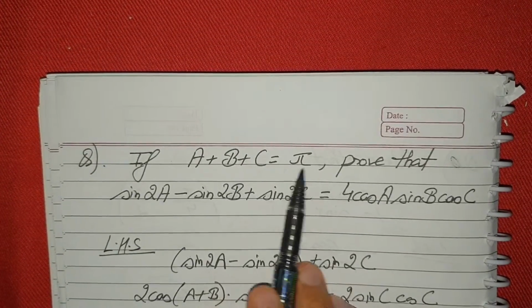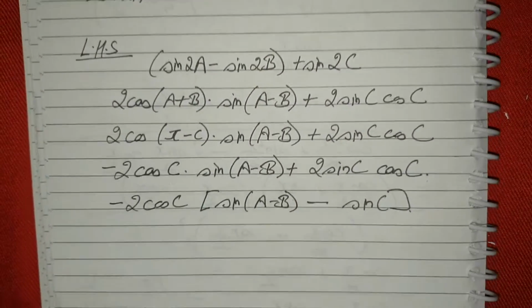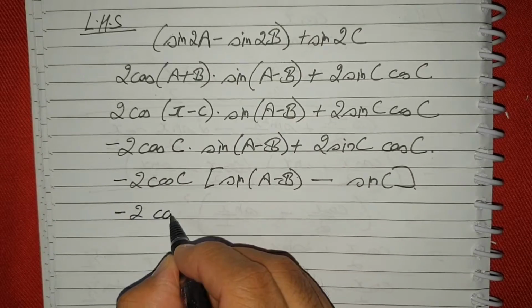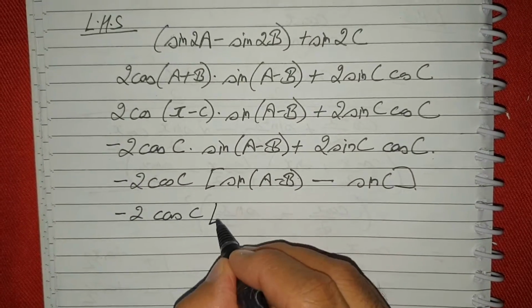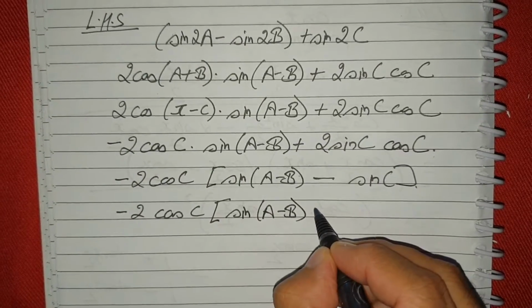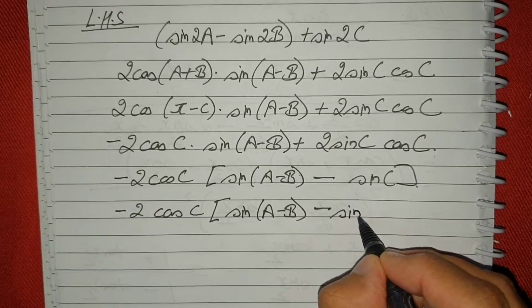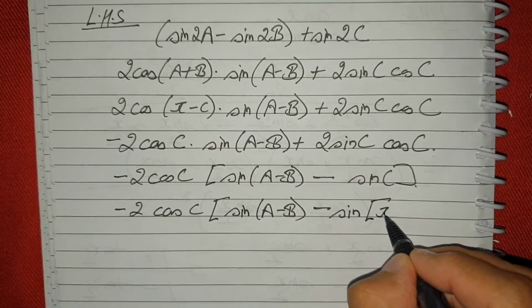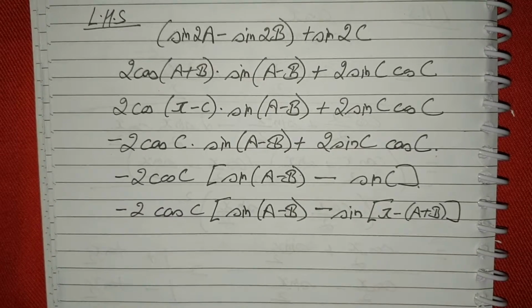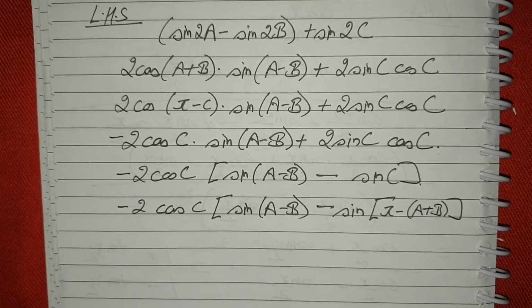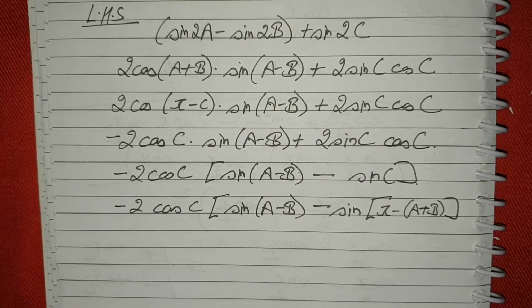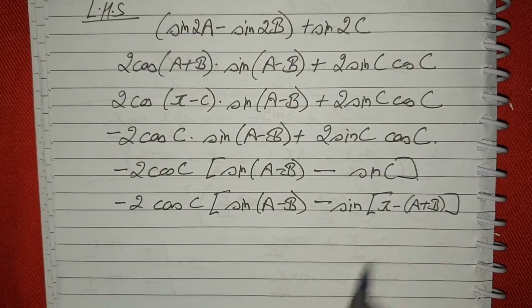So writing again, this will be minus 2 cos C into sine A minus B minus of sine of pi minus (A plus B). Now see, pi minus (A plus B) is again in the second quadrant only, where sine is positive.